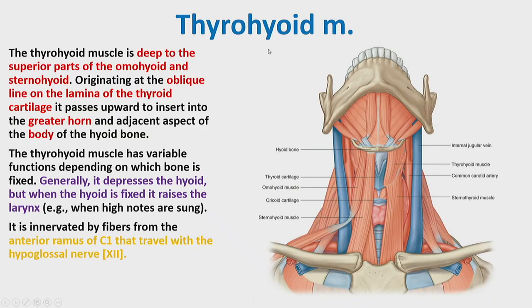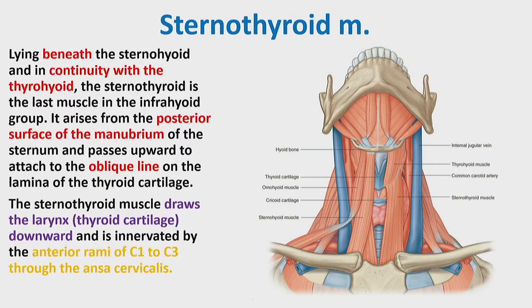Finally, the thyrohyoid muscle, which is innervated together with the geniohyoid from C1 carried by the hypoglossal nerve. This is another infrahyoid muscle. The sternohyoid is from the inner surface or posterior aspect of the manubrium of the sternum. It goes to the oblique line of the thyroid cartilage and continues as the thyrohyoid.